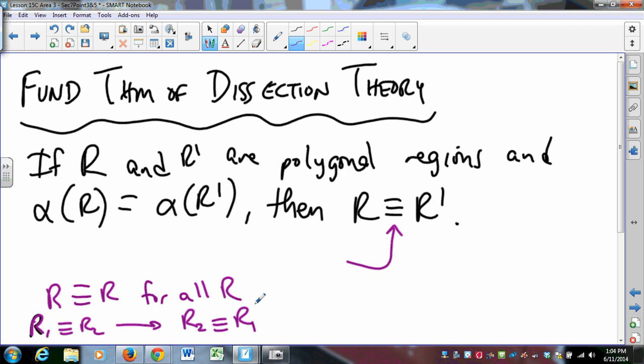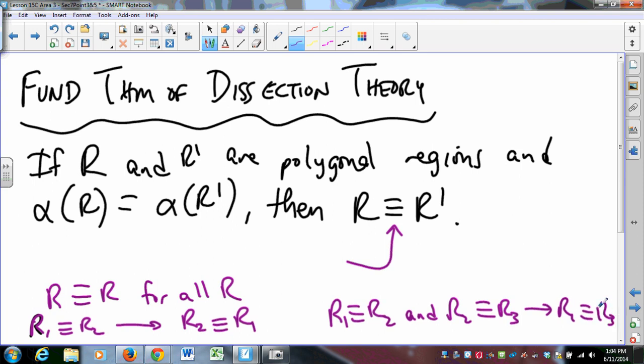The third part is a bit more tricky, but it is transitive. This relationship is transitive: if R1 is equivalent to R2 and R2 is equivalent to R3, then R1 is equivalent to R3.